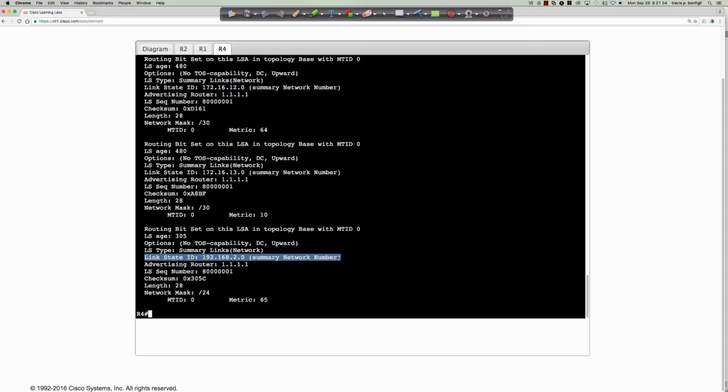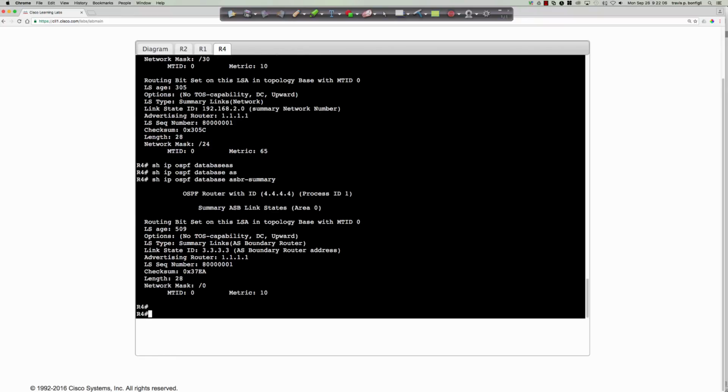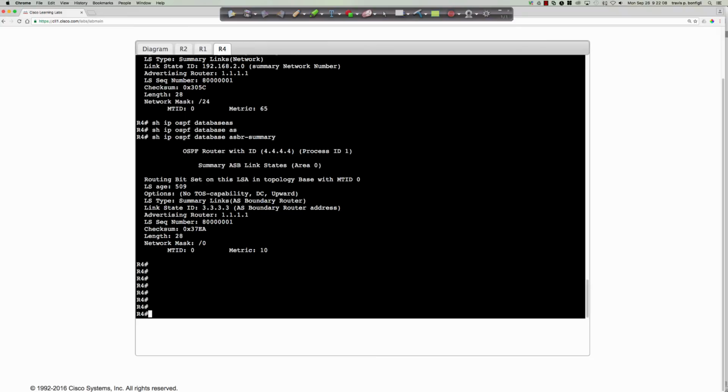All right, so now we're going to go on to router 4, and we're going to take a look at the summary ASBR. And so again, that would just simply be rerunning this command and saying ASBR summary. Now remember, the ASBR summary, the Autonomous System Boundary Router summary, is the information that we need to be able to recurse to the ASBR.